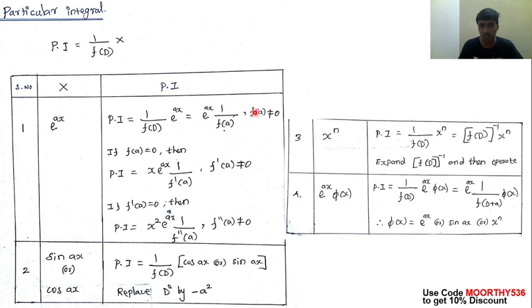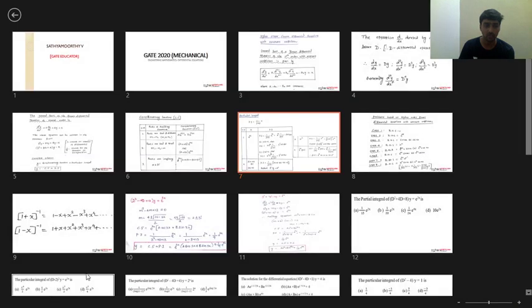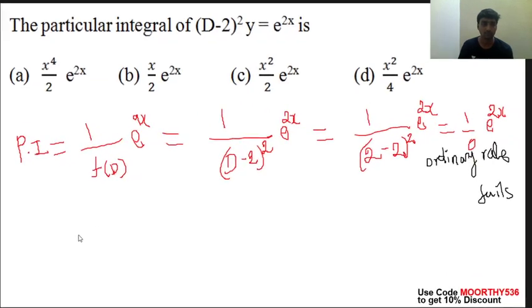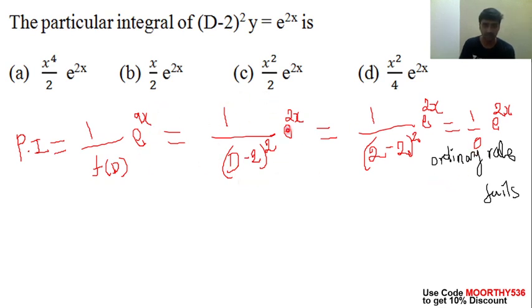When f of a is equal to 0 in the denominator, that is, after substituting the constant a instead of the letter D, then we have to multiply by x in the numerator and differentiate f of D one time with respect to D. So coming to the problem, x into 1 divided by 2 into (D minus 2), since the differentiation of D is 1, into e power 2x.